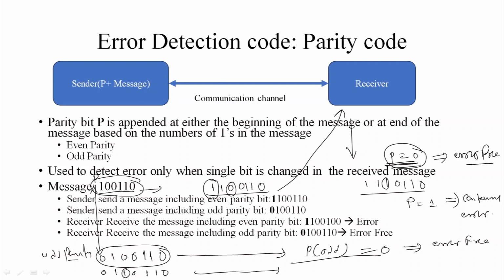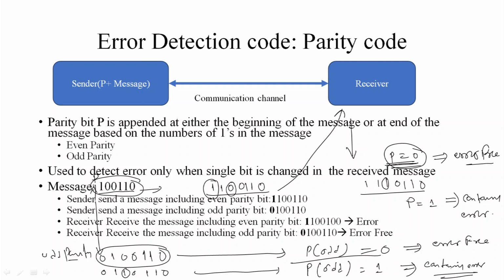The receiver counts the number of ones, and the number of ones in this message is even. So the value of odd parity, for making the number of ones odd in the received message, is 1. When the P odd computed by the receiver is 1, this means the message contains an error.